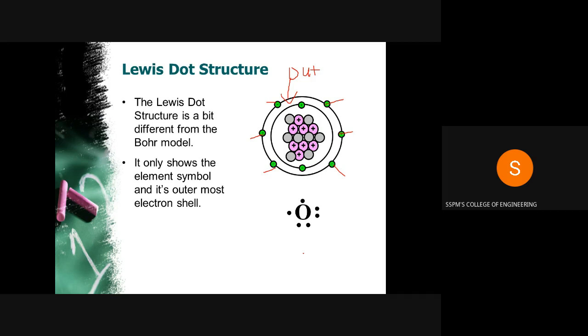The Lewis dot structure for oxygen shows 6 electrons as 6 dots. A dot represents an electron, so 6 dots mean 6 electrons.